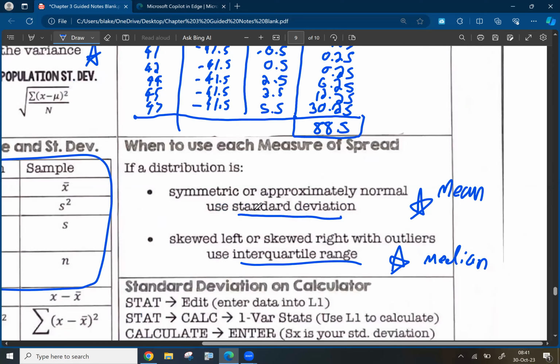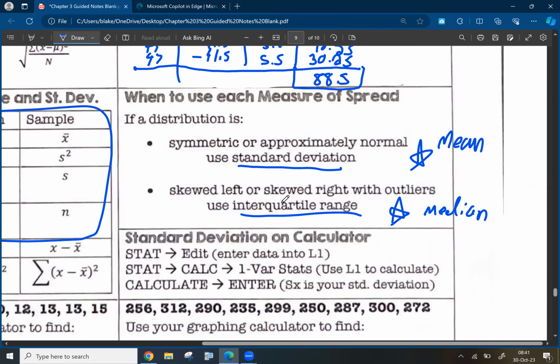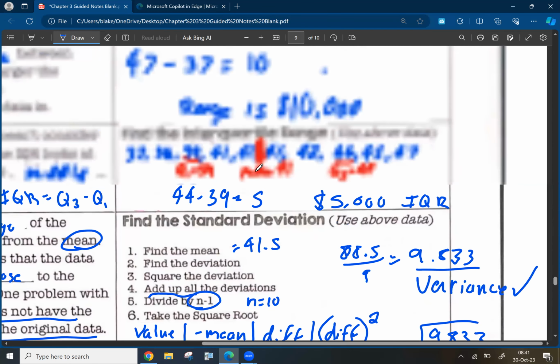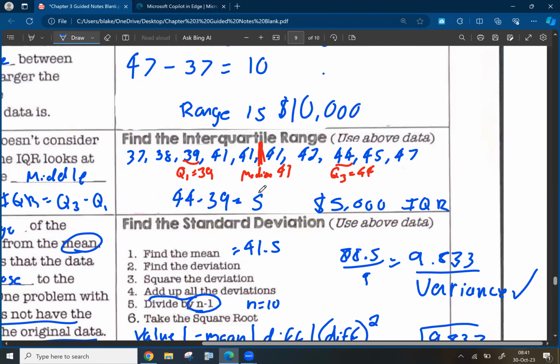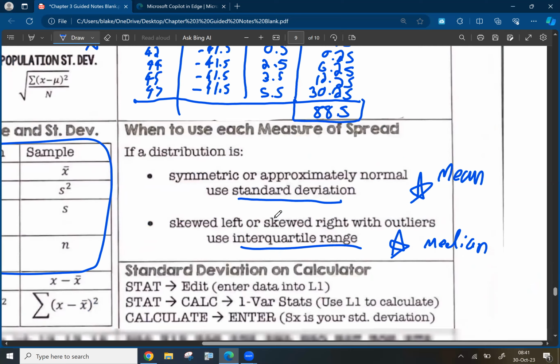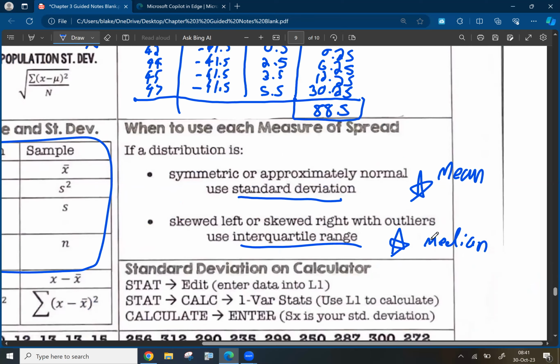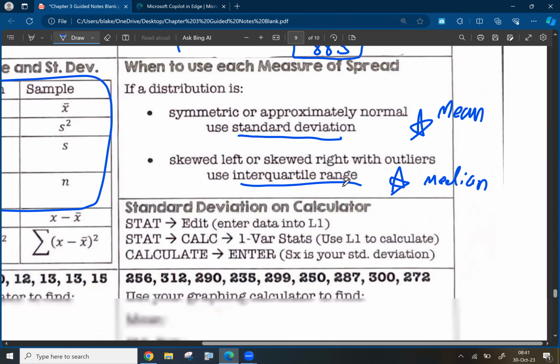So it makes sense that with symmetrical data, you're using both standard deviation and mean, things that work together. And for skewed left and skewed right, remember IQR is fundamentally based on the median. So it makes sense that IQR and median go together when you have skewed data. IQR and median are like peanut butter and jelly, and standard deviation and mean are like peanut butter and jelly. Those things are just paired together a lot of times.